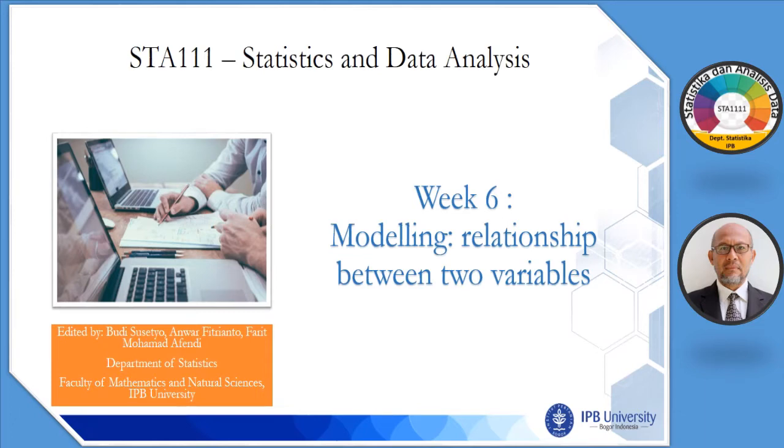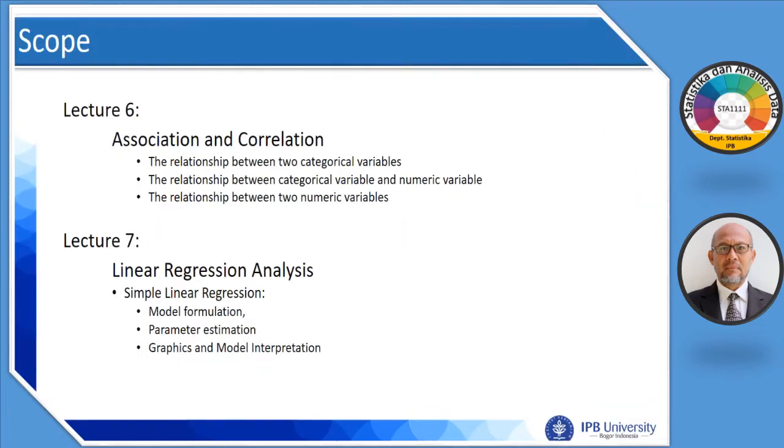Okay, today is the sixth meeting and today's lecture topic is modeling relationship between two variables. Topic 6 week and 7 week are interrelated, and in today's lecture we are talking about association and correlations, covering the relationship between two categorical variables, the relationship between one categorical variable and one numeric variable, and the relationship between two numerical variables.